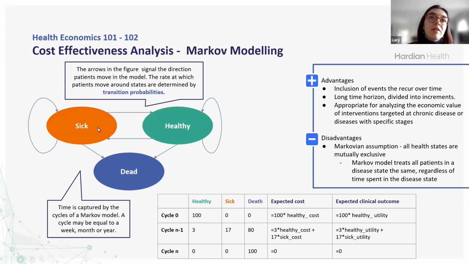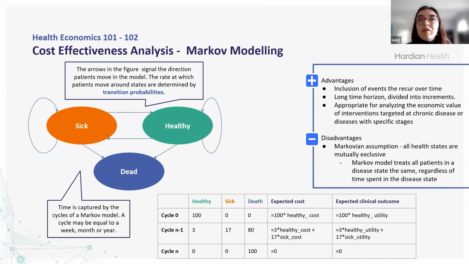The fact that a patient has been in a health state in a previous cycle will not determine the chances that they'll move to a different state in the next cycle.